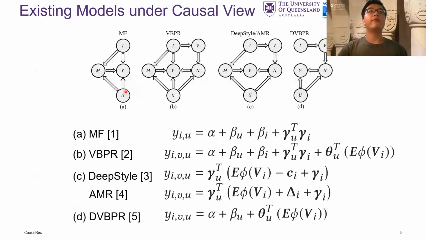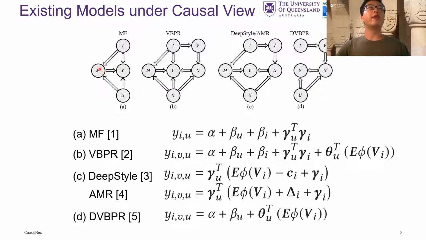We firstly use the causal graph and causal inference to analyze the existing models. For example, matrix factorization is a method that uses the user information and item information together to calculate the final prediction. In this figure, we introduce 4 nodes. The node I indicates the item, node U indicates the user, node M indicates the preference matching, and node Y is the final prediction.